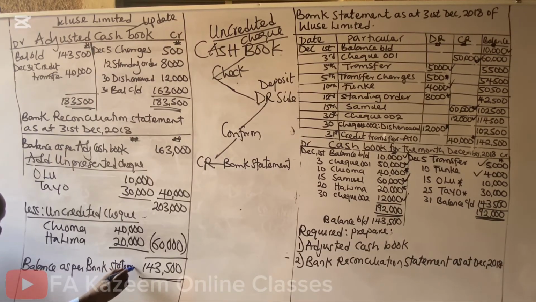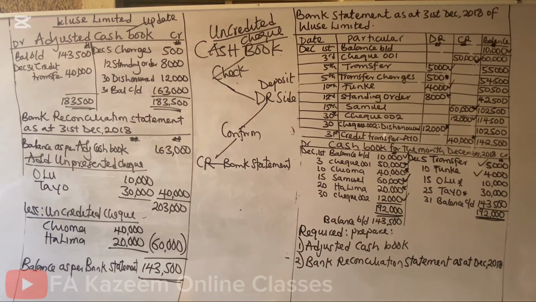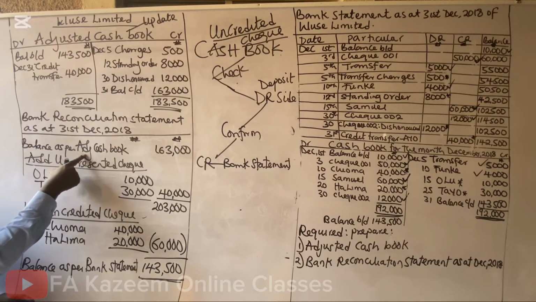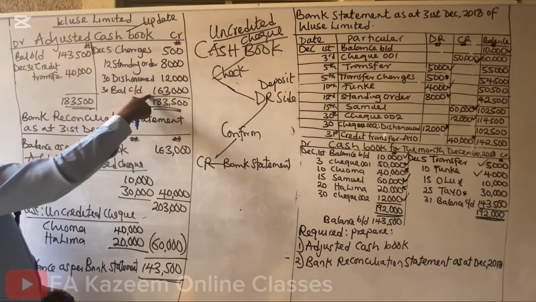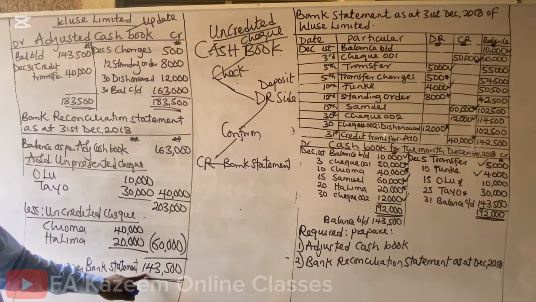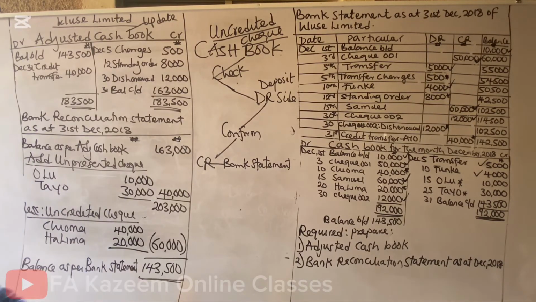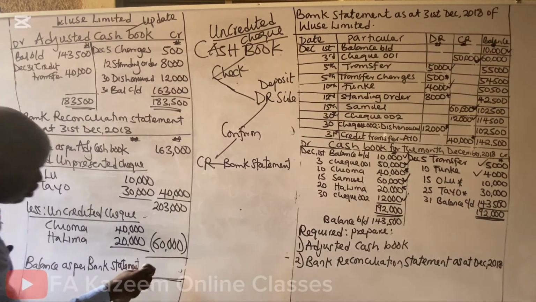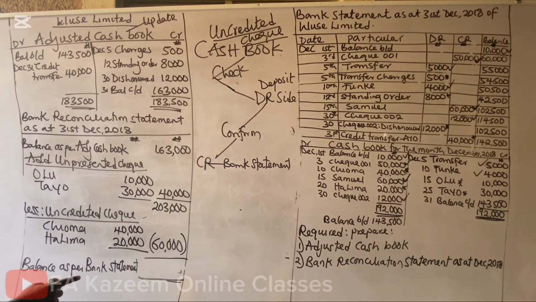Balance as per bank statement. You start with balance as per adjusted cash book, which is this. You have this, minus 203, minus 60,000. What do we have? 143,000.